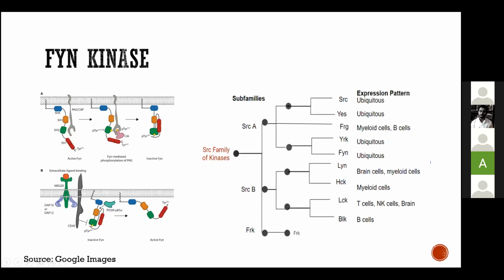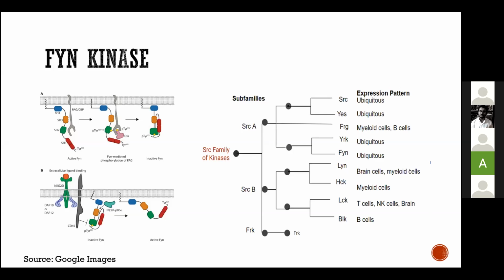So as we can see, SRC, YES, ERK and Fyn are ubiquitously present. That means they are more or less present in every cell in our body. And the other kinases such as FGR are present in myeloid cells, brain cells, and you can read what the rest of the kinases are present in.